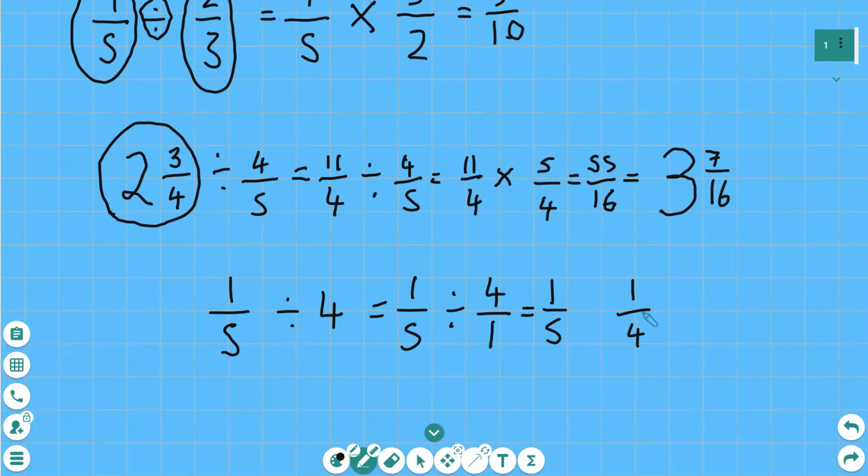The second one flips, and then the divide changes to a multiply. And then we have 1 times 1 is 1. 5 times 4 is 20. Keep, flip, change.